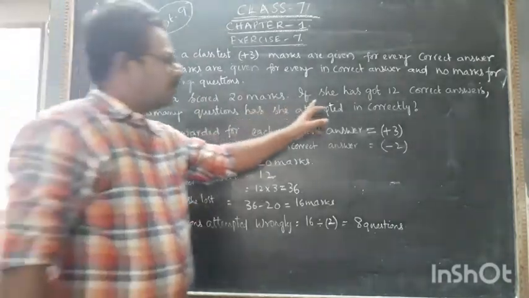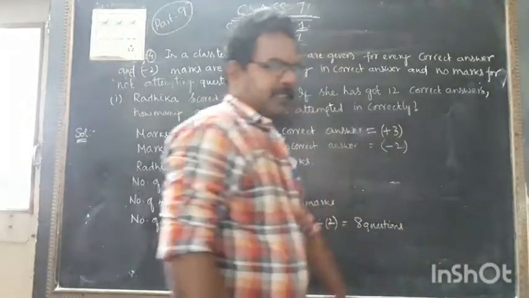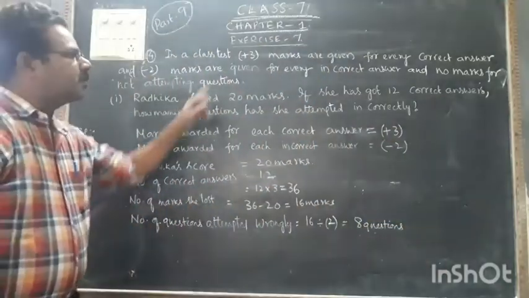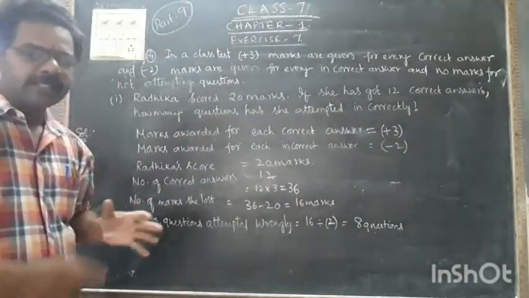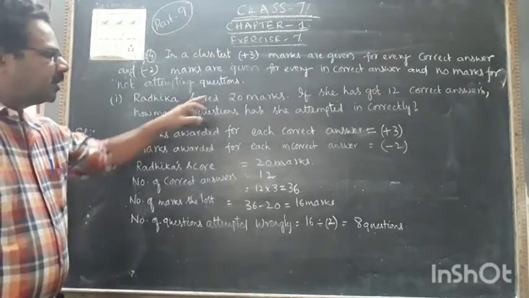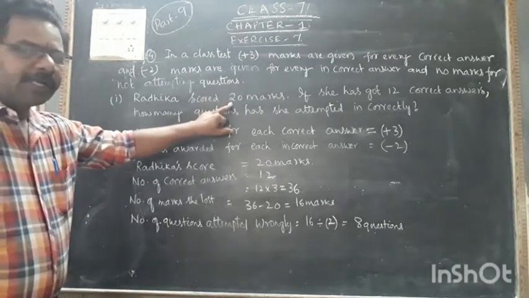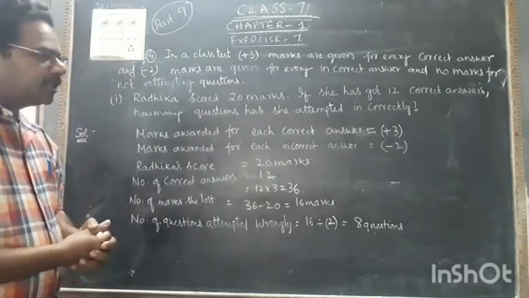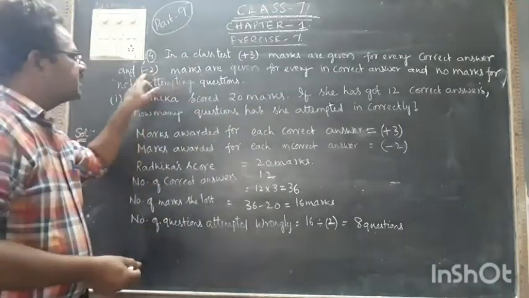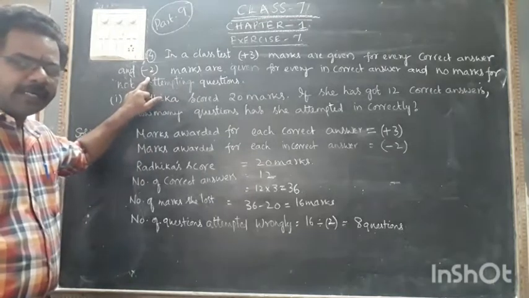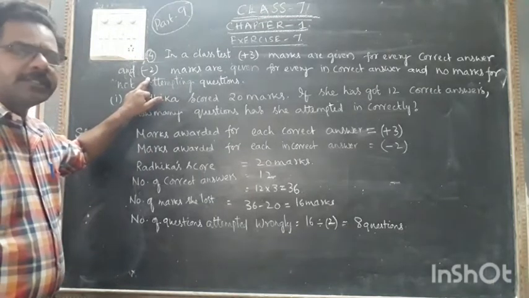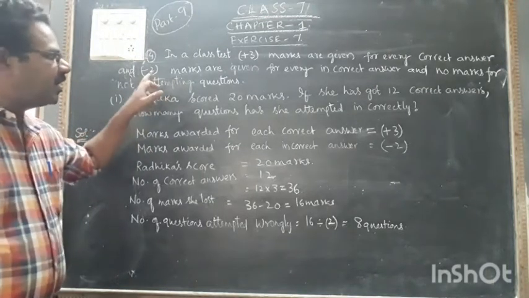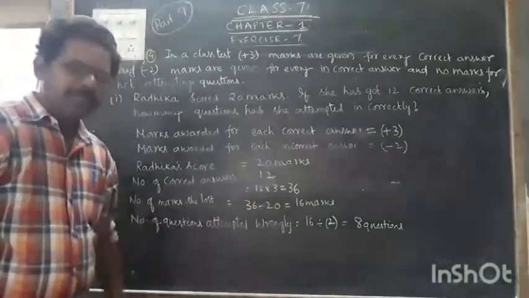She completed 12 correct answers. 12 correct answers means 12 into 3 marks, 36 marks she should get. But she got only 20 marks. So remaining 36 minus 20, 16 marks she lost. For each incorrect answer 2 marks will be deducted. So 16 divided by 2 is equal to 8 questions.